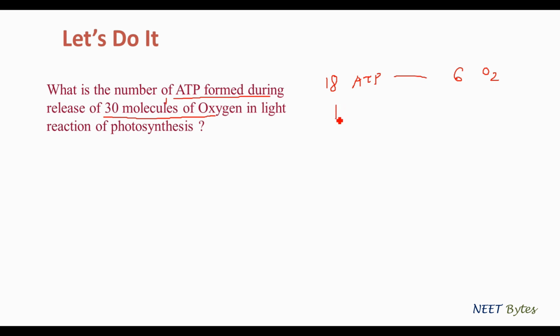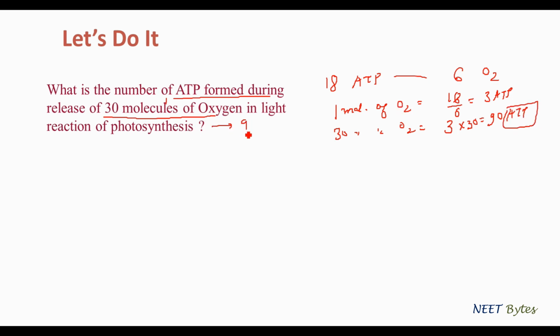So obviously, for 1 molecule of oxygen, the number is 18 by 6, that is 3 ATP. So for 30 molecules of oxygen, it is 3 into 30, that is equal to 90 ATP. So the correct answer to this question is 90 ATP.